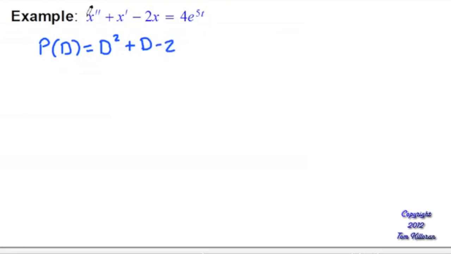Basically, wherever you see a double derivative, you just write D squared. A single derivative gives you a single D. No derivative at all, and you just drop off the x. So that would be p of D. And we could rewrite this differential equation as p of D operating on this x function is equal to 4e to the 5t.